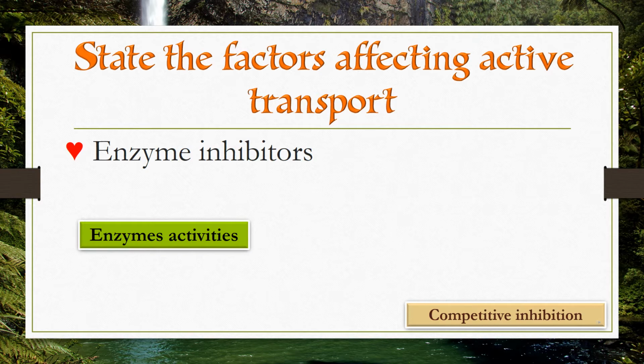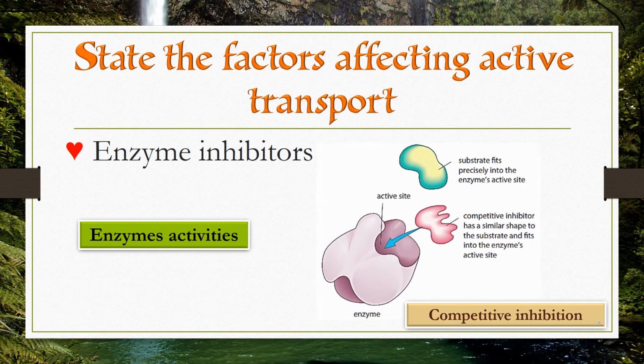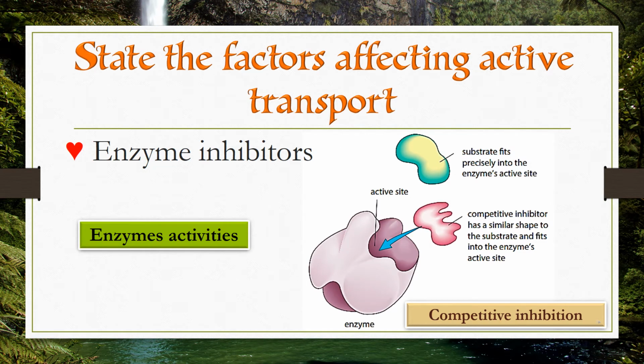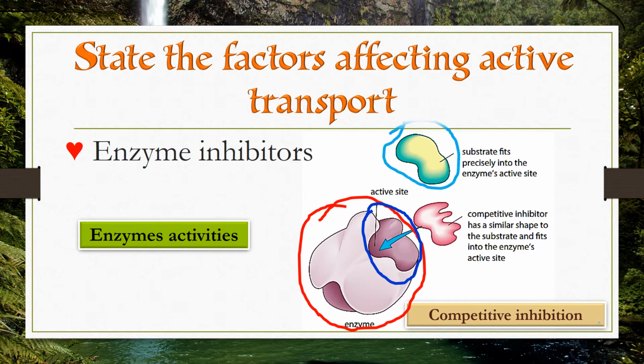We shall start with competitive inhibition. In competitive inhibition, we have our enzyme, and this enzyme has got an active site where the substrate fits precisely. And we also have our substrate that fits precisely into the enzyme active site.